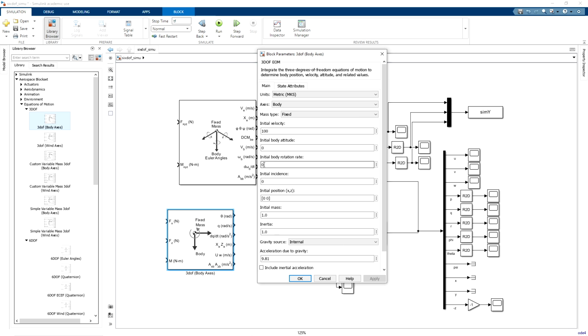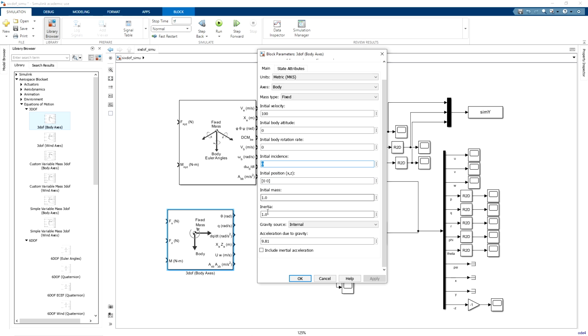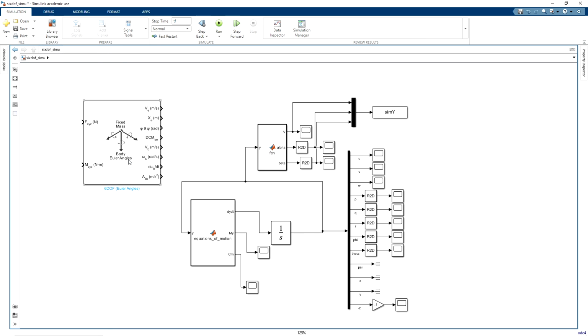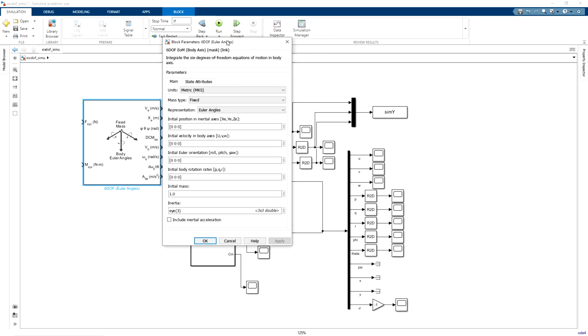This is body rotation rate, q naught, initial incidence, that is alpha naught, initial mass 13.5 kg that we had used, and inertia also was given. So I think I missed opening this block in the previous lecture. Anyhow, we need to enter the parameters. Similarly for 6DOF as well.